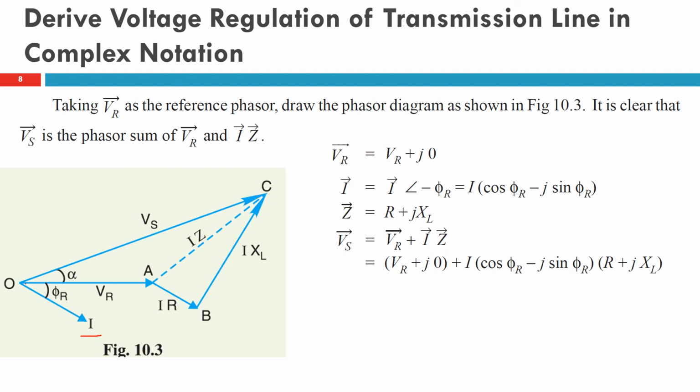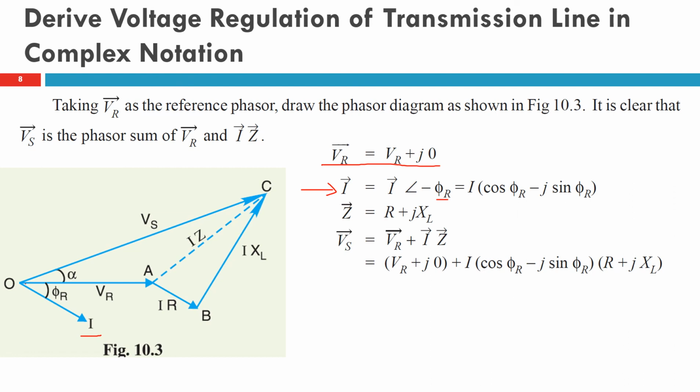VR is taken as the reference, that's why its angle is 0. This current I is considered as a lagging power factor, that's why phi r is shown to be negative. If the power factor of the load is unity, then phi r will be 0, and the current aligns with the voltage.